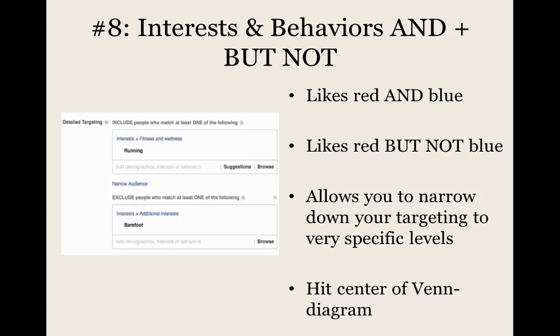You can have a specific product for this person, for this other person, or you would have a product for both of these people that they would surely like. It allows you to narrow down your targeting to very specific levels. As I always say, you must have an audience who would automatically be interested in your product.